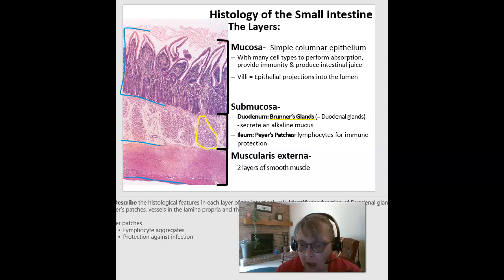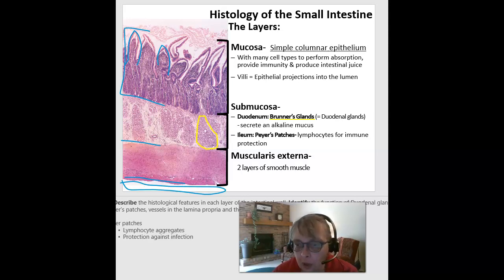The mucosa is lined with simple columnar epithelium, and you can see the villi. There are many different cell types in this epithelium, and they secrete different substances, which we'll look at on the next slide. The submucosa varies from duodenum to ileum.